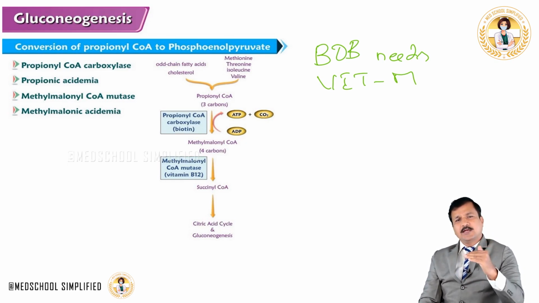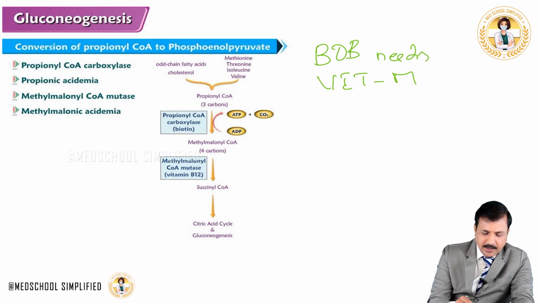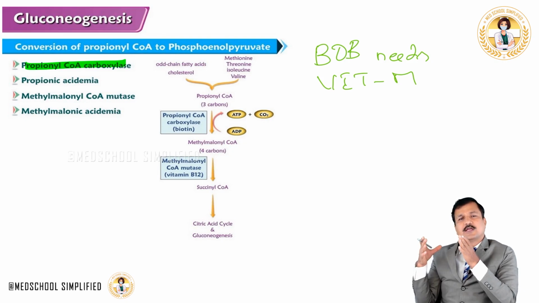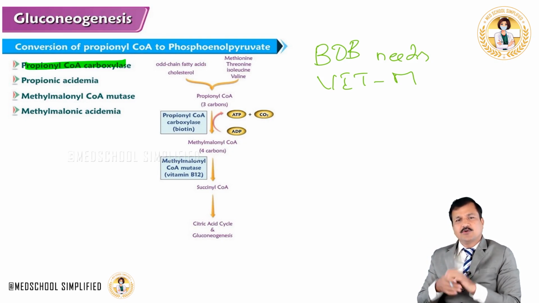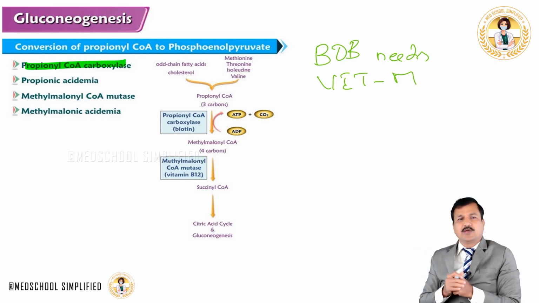And this propionyl-CoA is converted into methylmalonyl-CoA by an enzyme called propionyl-CoA carboxylase. And since it is a carboxylase, it is incorporating carbon dioxide for the carboxylation process, and there is also use of ATP here. So with that, 3-carbon propionyl-CoA is converted into 4-carbon methylmalonyl-CoA.